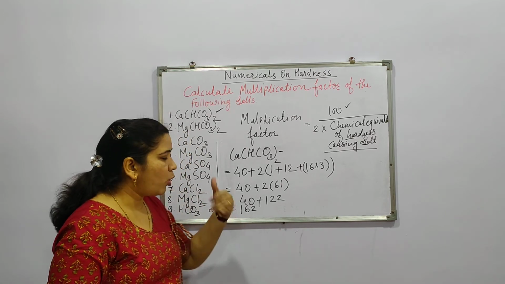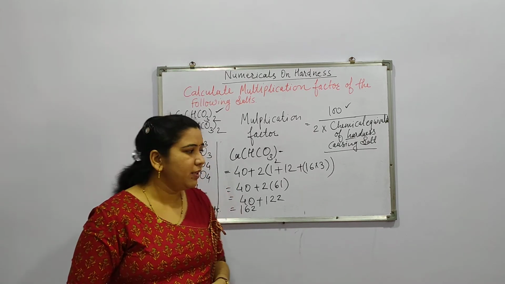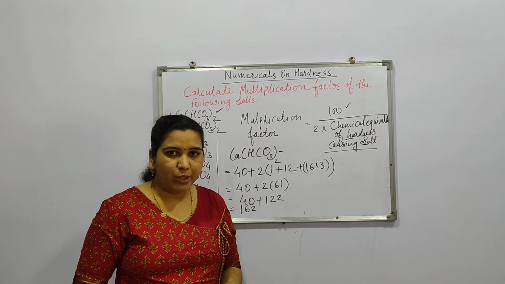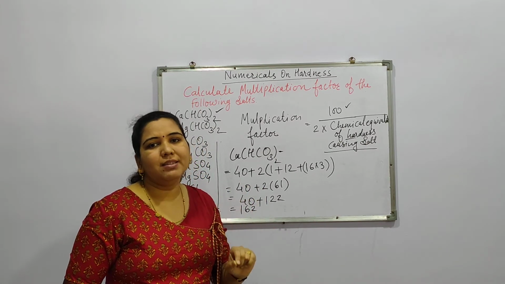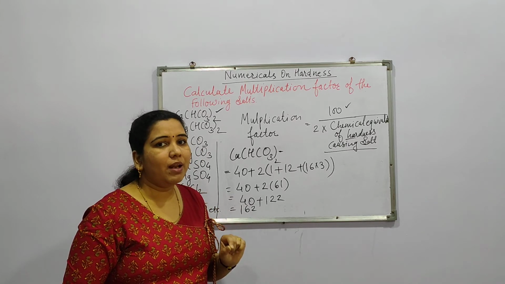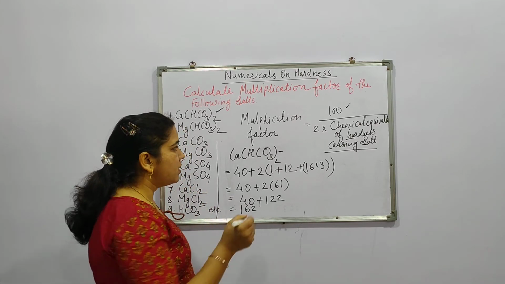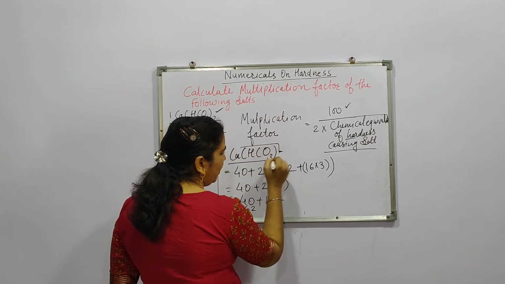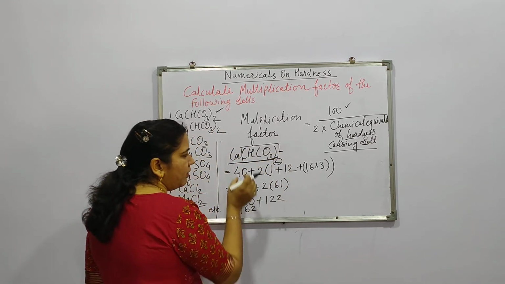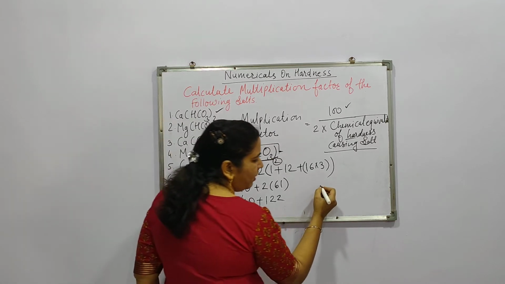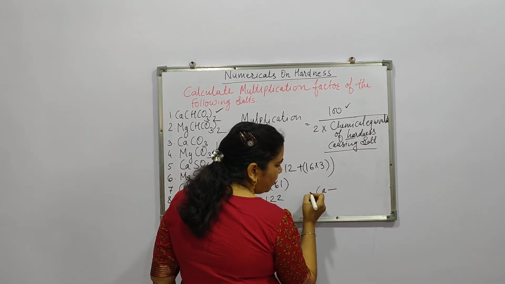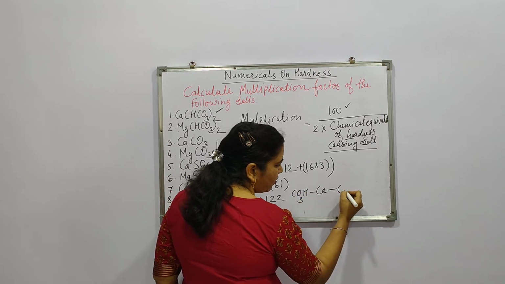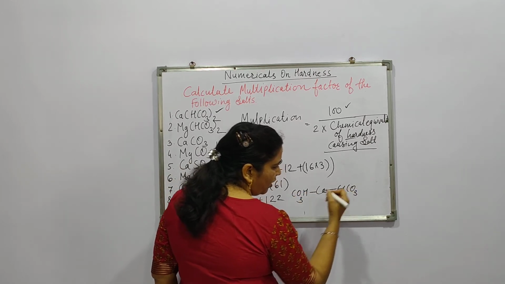Now from this molecular weight, how do we calculate equivalent weight? Equivalent weight is the molecular weight of that molecule divided by the valency of the central metal ion. Now in this Ca(HCO3)2, there are 2 HCO3 groups and 1 Ca. So Ca will be at the central point, and HCO3 on both sides, like this.